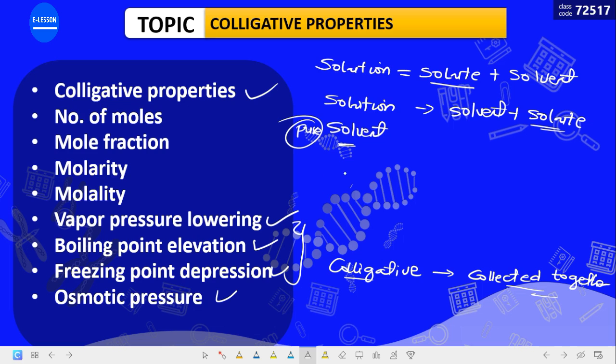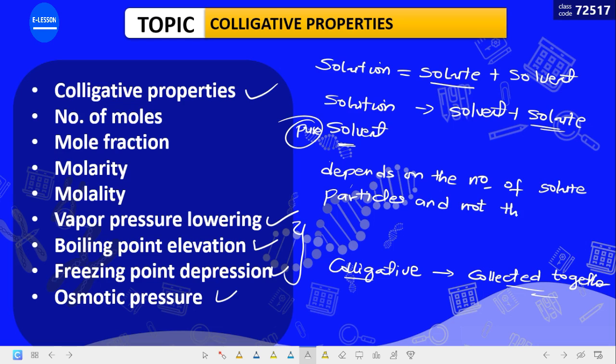Now, what are colligative properties proper? We can say colligative properties are properties of solutions that depend on the number of solute particles and not the chemical identity of those particles.